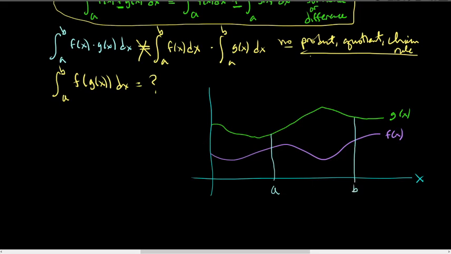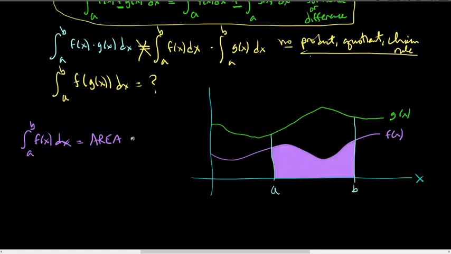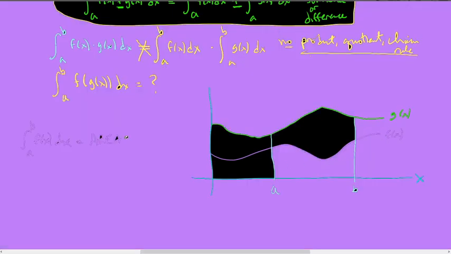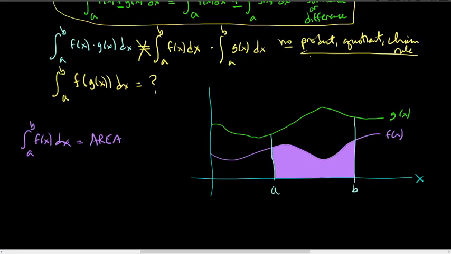What would the definite integral from a to b of f of x be? It would be this purple area in here. I don't have the area yet, so I'm going to highlight it. Yes, it's this area in here that is this definite integral.